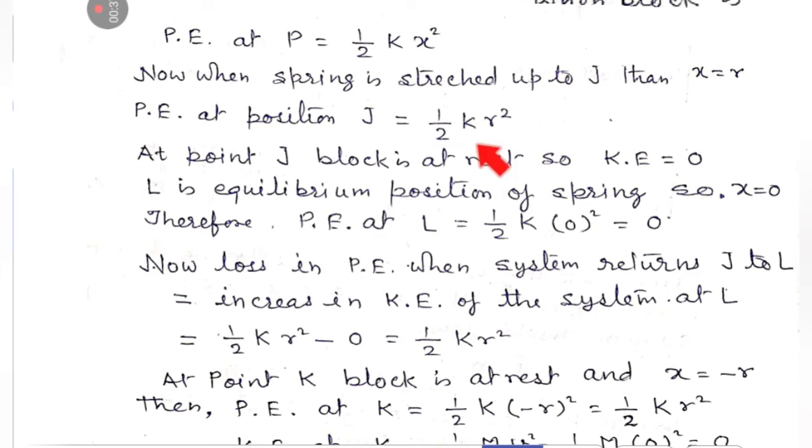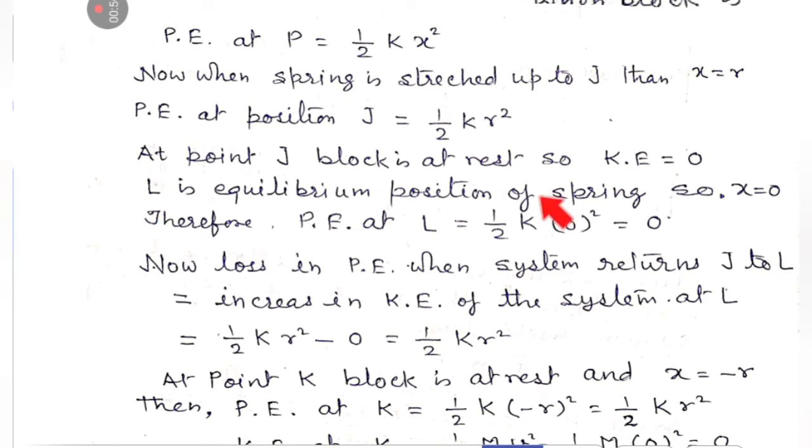At point J, the block is at rest, so kinetic energy will be 0, because kinetic energy is half mv square and velocity is 0, so kinetic energy at J is 0.